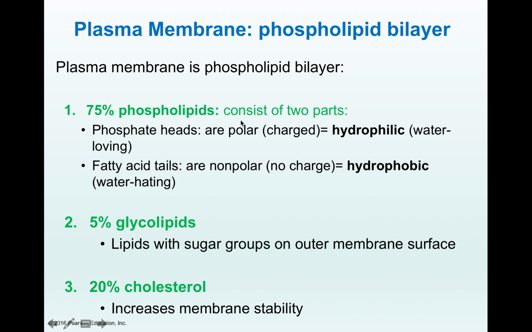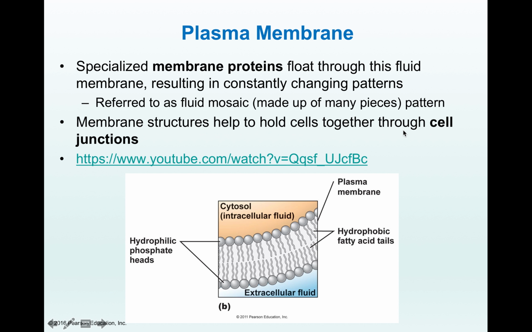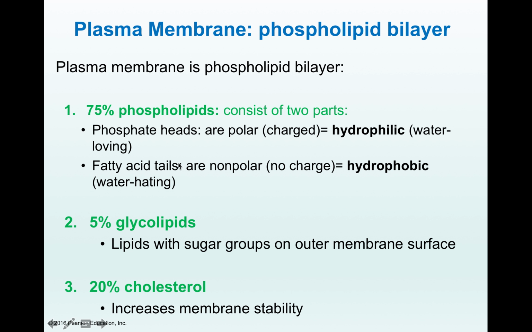Looking at the characteristics of the phospholipid, you have the phosphate heads and you have the fatty acid tails, which are the lipids. Now, phosphate heads have polar characteristics. They are charged and they love to interact with water, so water loving. As a result, we use the word hydrophilic to describe their characteristics.